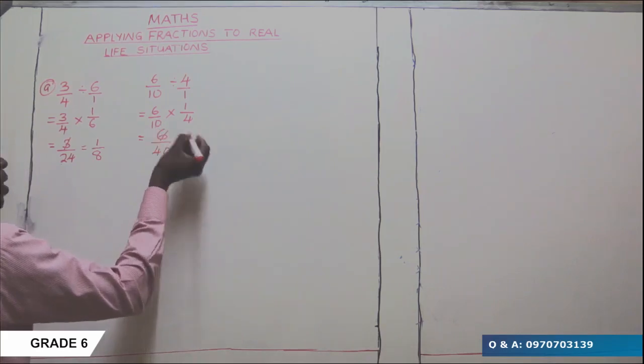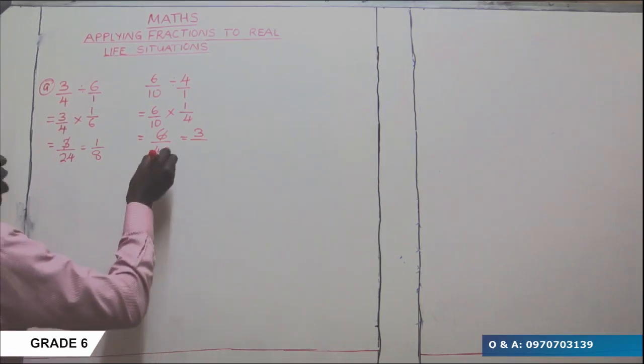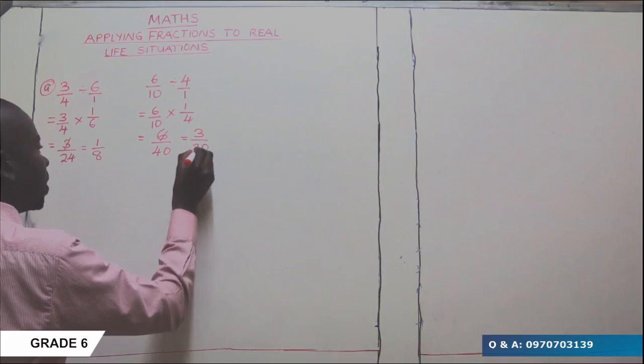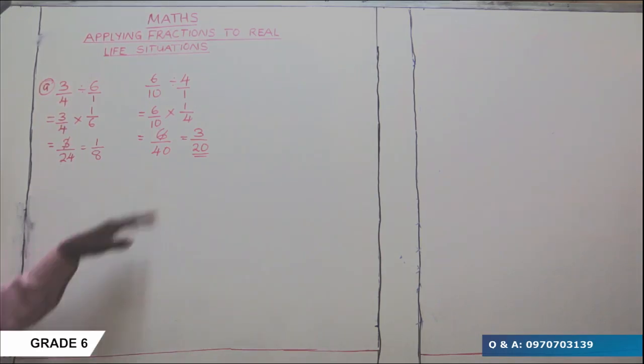So 2 into 6 is 3, and 2 into 40, the answer is 20.